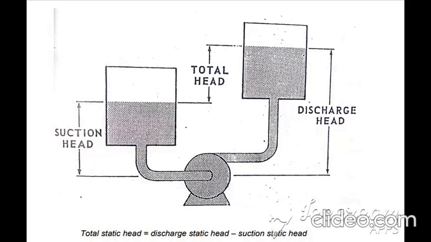So the bottom level will be the eye of the pump and the top level will be the top of the fluid level in the container where we are receiving fluid through the pump. So the total head will be the difference of height between the suction top level and the discharge top level, and you can observe these definitions according to this picture.